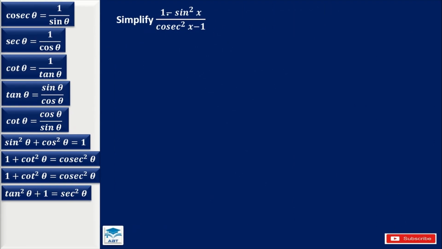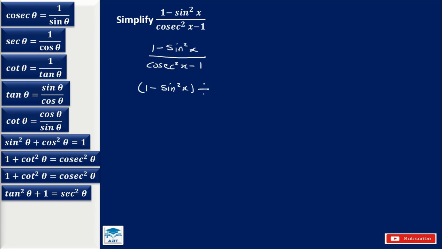Simplify 1 minus sine square x divided by cosec square x minus 1. We have 1 minus sine square x divided by cosec square x minus 1.